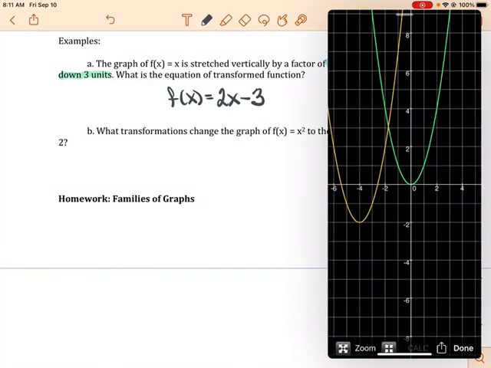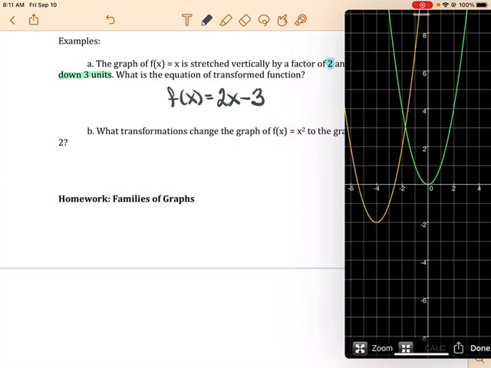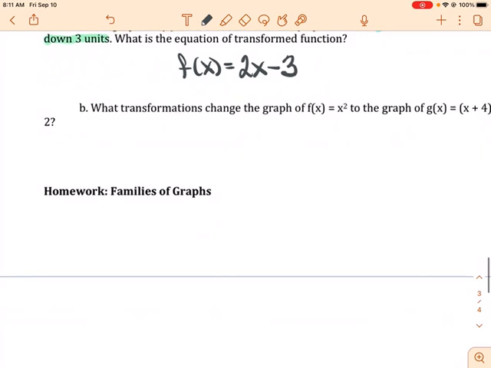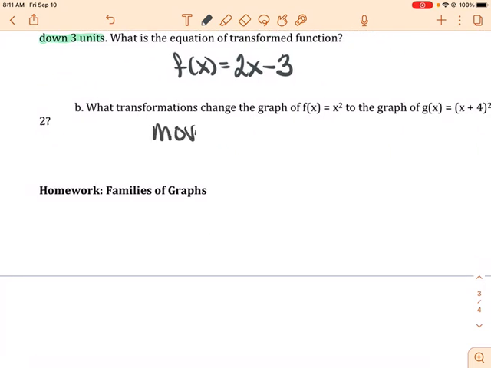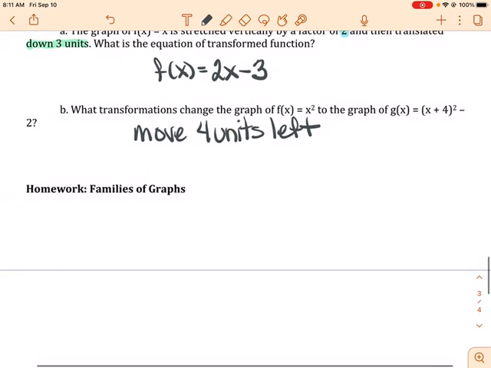Oh, wow. Notice that the orange one is now 4 units left and 2 units down. So it did move the graph. So that's what we're going to say. The plus 4 moves it left. So we moved 4 units left. And 2 units down.